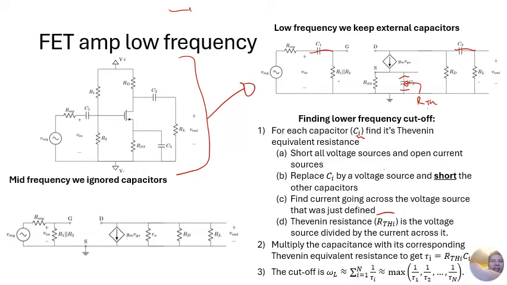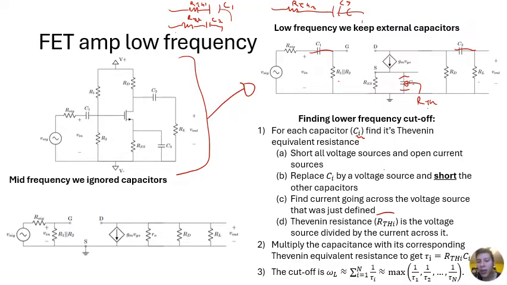So in particular, for this circuit, we're defining an R Thevenin 1, C1 model, then an R Thevenin 2, C2 model, and then an R Thevenin 3, C3 model for our circuit.